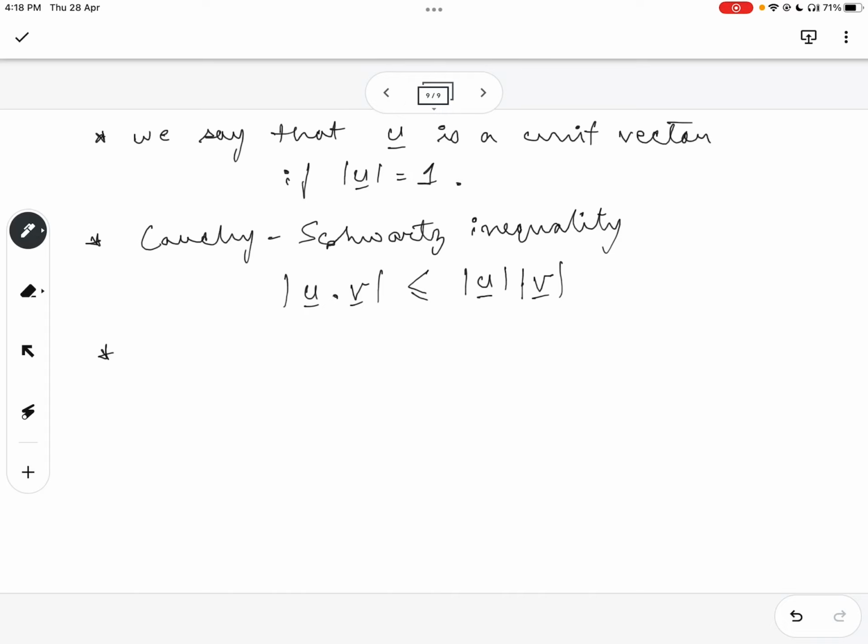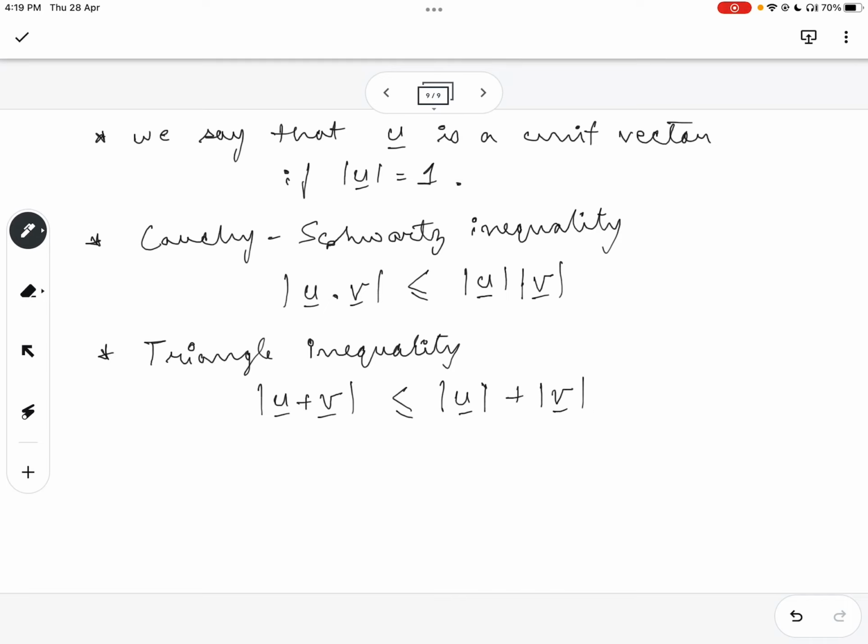There is also the triangle inequality, related to the norm of a vector: the norm of u plus v is always less than or equal to the norm of u plus the norm of v.